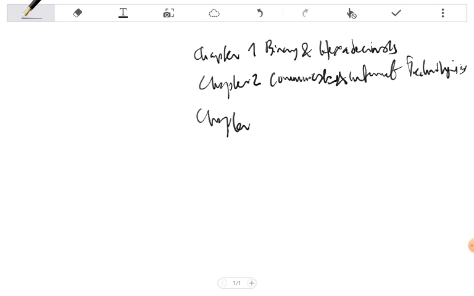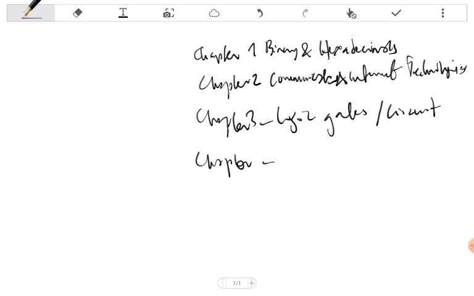Chapter 3, we looked at logic gate and circuit. So, chapter 4, we looked at operating system and computer architecture. That's where we looked at the von Neumann's computer architecture. I hope you remember.